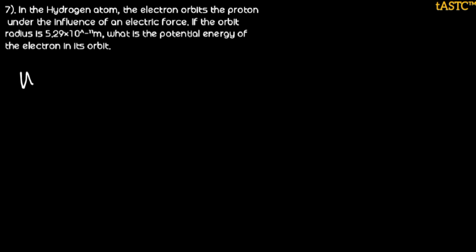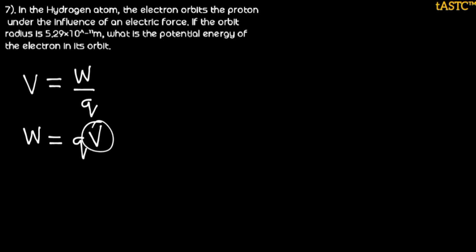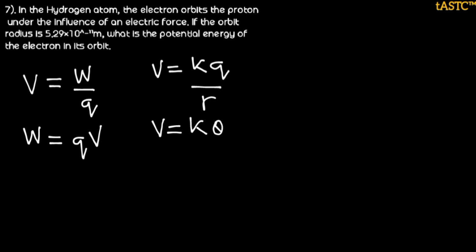Now we know that, instead of doing this, I'm going to write it this way. V is equal to W divided by Q. And so we're going to see that W, which is the potential energy or work done, will be QV. Now what is V? We already know that V is equal to KQ divided by R. This is going to be Q in the uppercase.